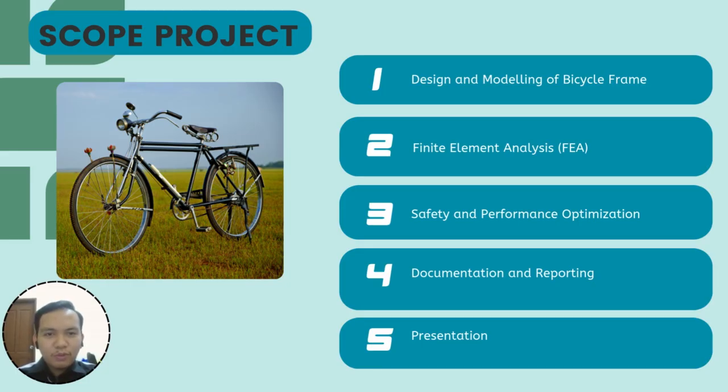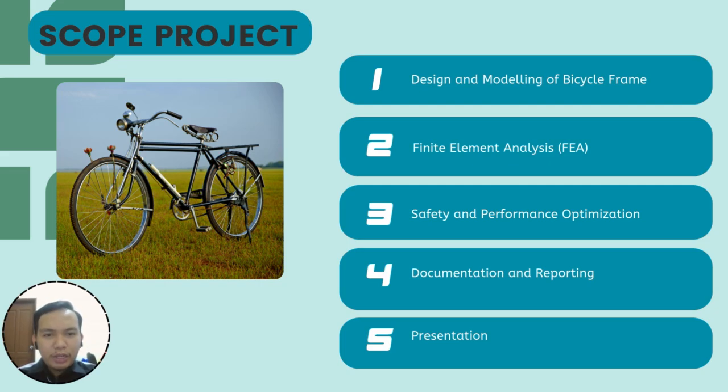So we move on to the next part, which is the scope of the project. We divide it into five parts. First, design and modeling of the bicycle frame. Here we focus on identifying and choosing a specific type of bicycle for which the frame will be designed.